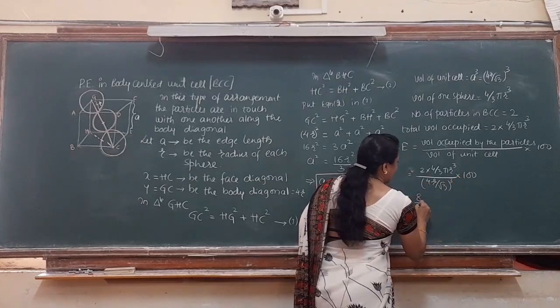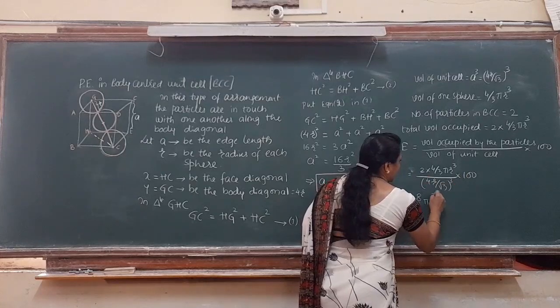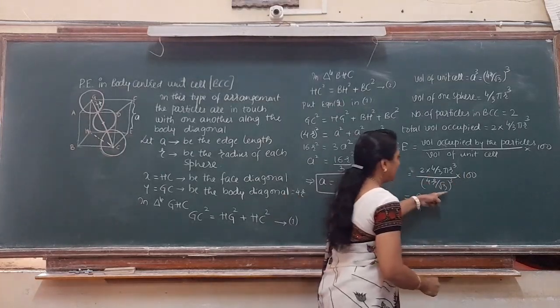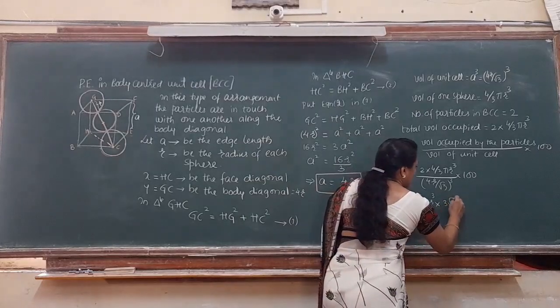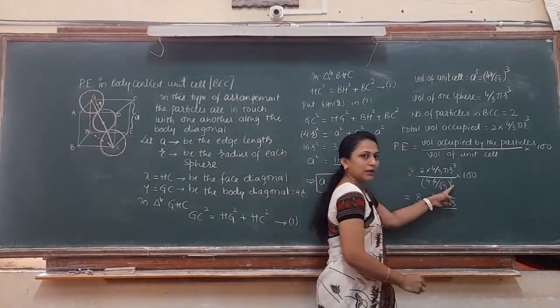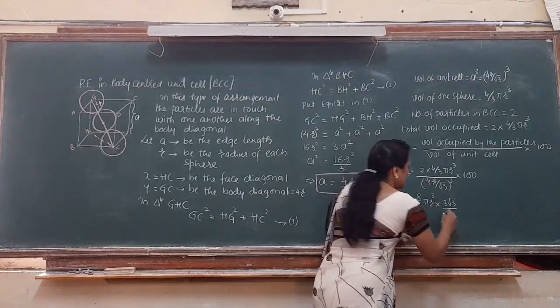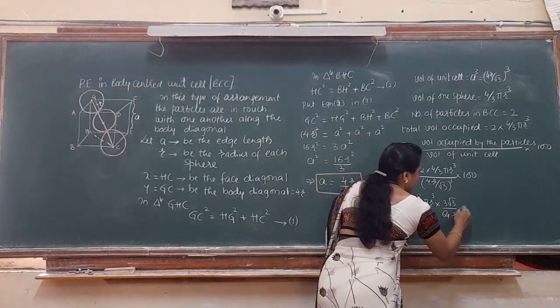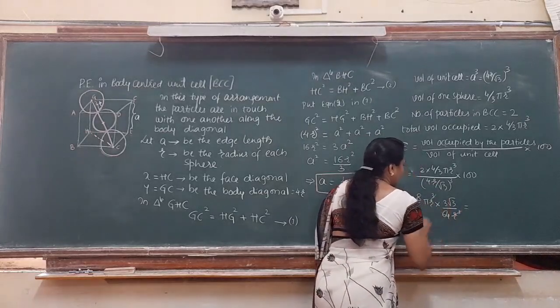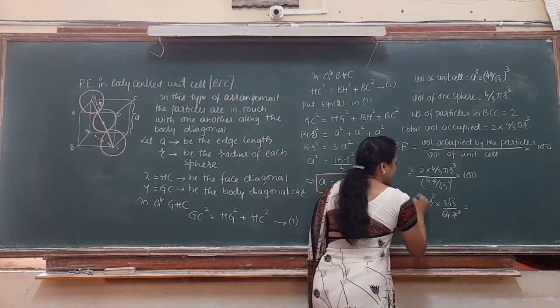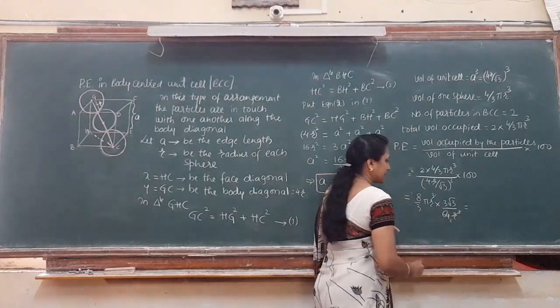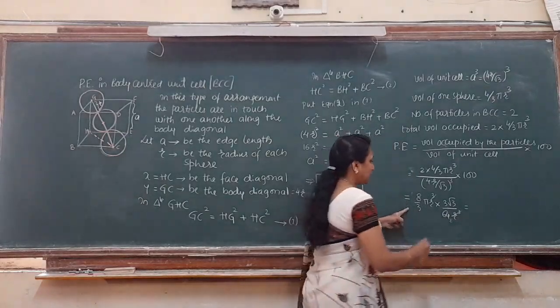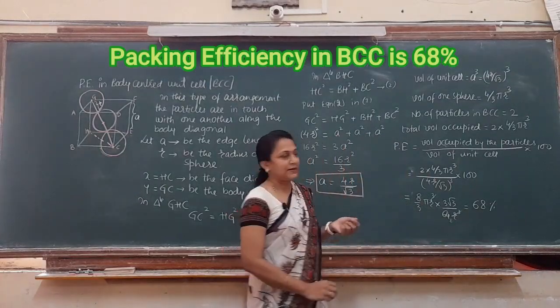So it is 8 by 3 pi r cube in the numerator, and the denominator is 3 root 3 into 64 r cube. This r cube gets cancelled. If you solve this, it is 68%.